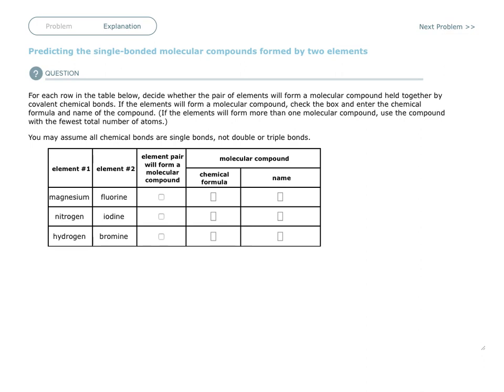Nitrogen and iodine are both nonmetals, so they will form a molecular compound. Nitrogen is in group 5, and iodine is in group 7, but that only works whenever you have ions.